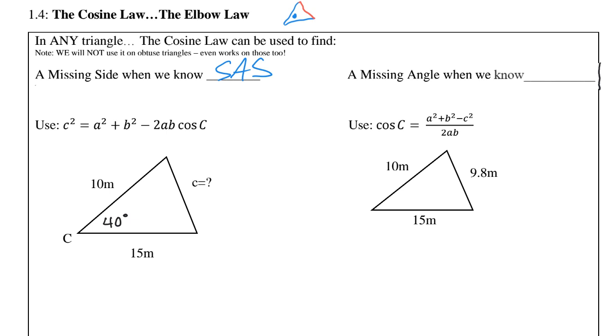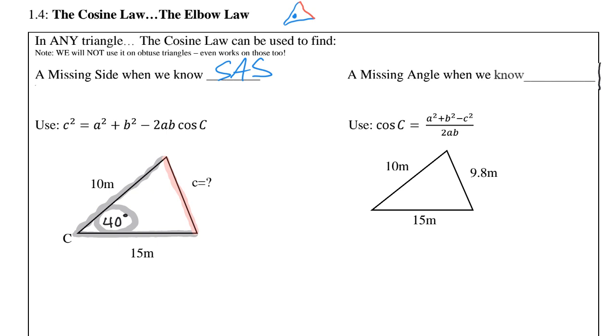If we look at this triangle, we have this side and the angle. And that is why it looks like an elbow. It's like a flexed elbow. And what we are looking for is this red side here.